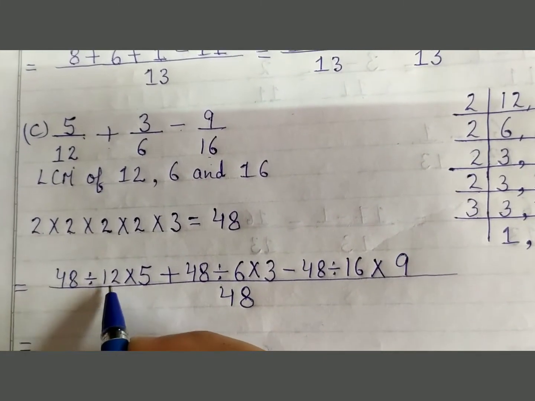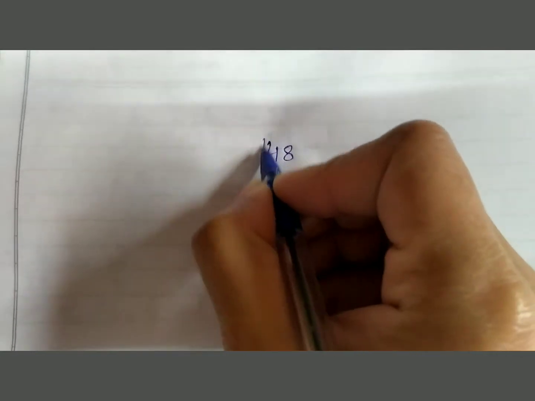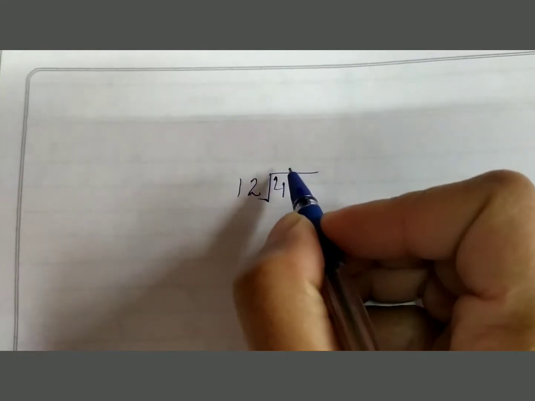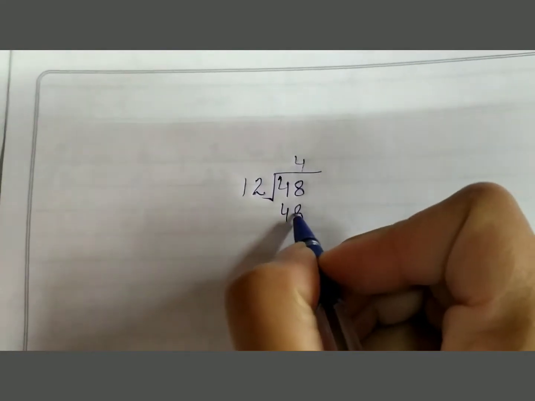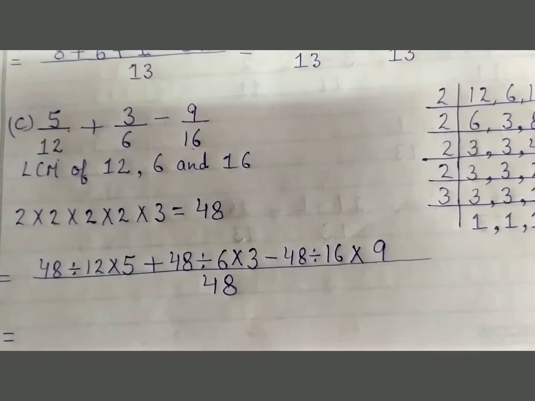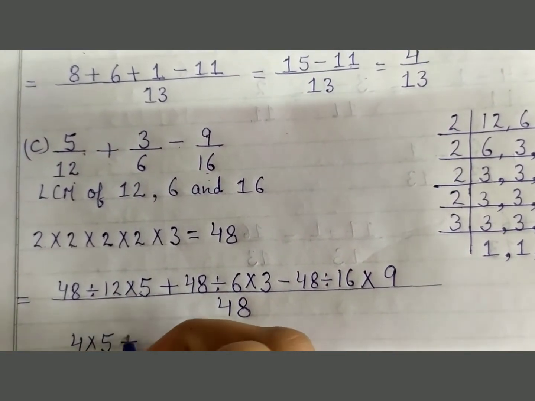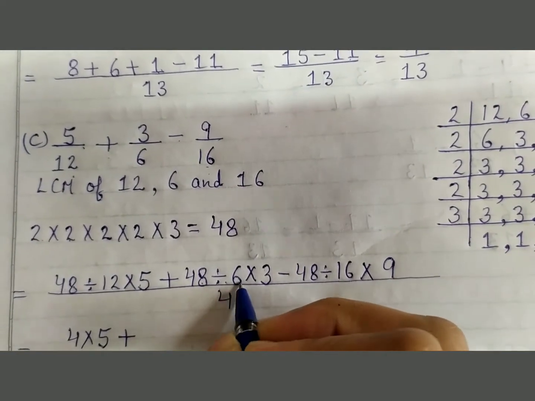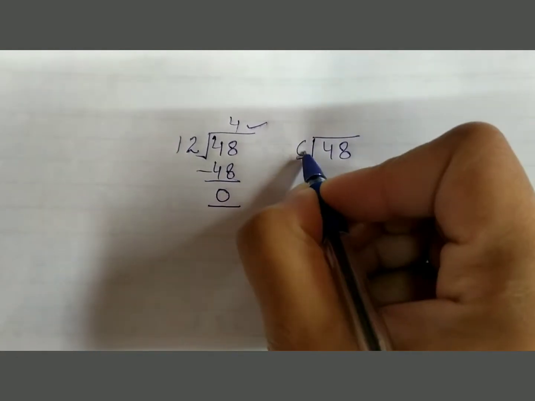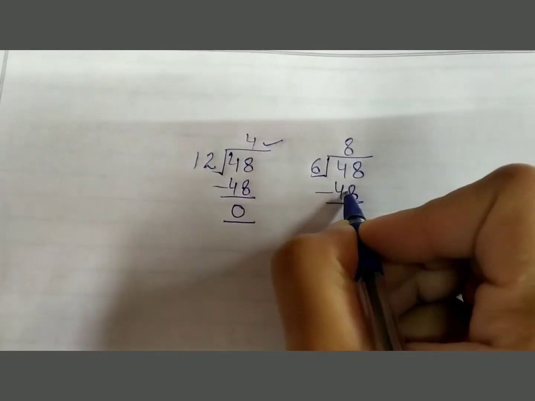48 divided by 12 equals, children, 48 divided by 12. Children, 12 fours are 48. 48 minus 48 equals 0. Answer is 4. Write 4. Multiply 5 as it is. Addition. 48 divided by 6. 6 eights are 48. 48 minus 48 equals 0.